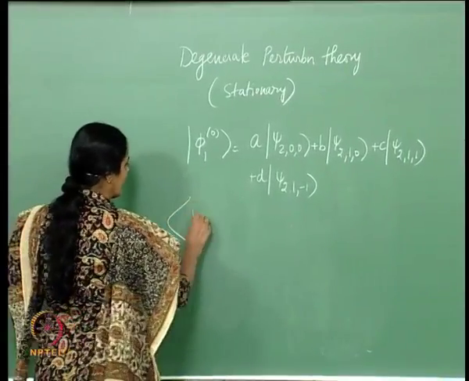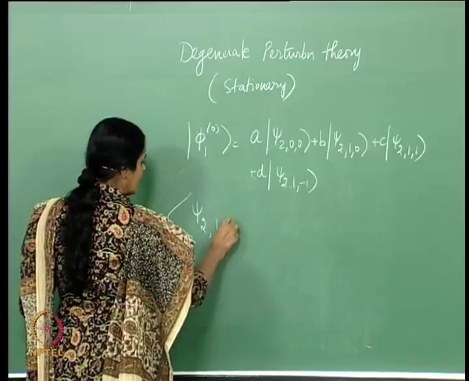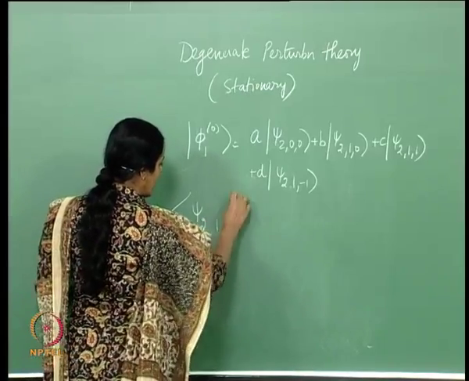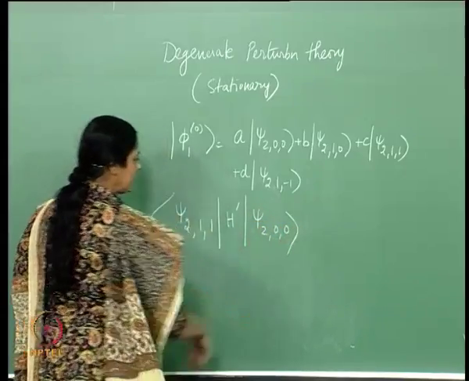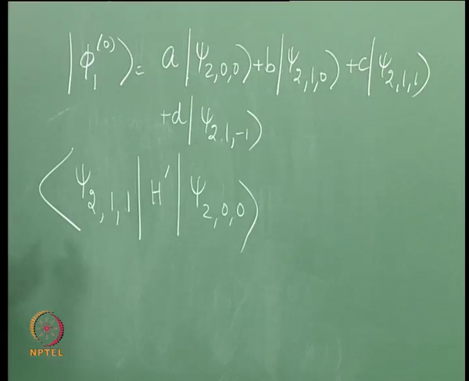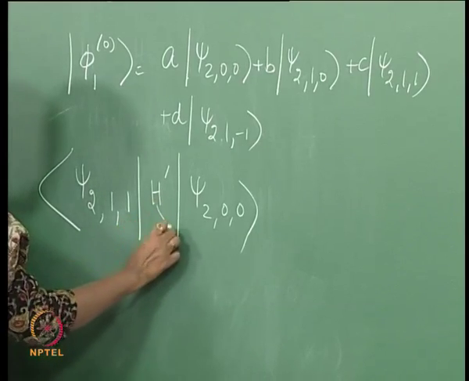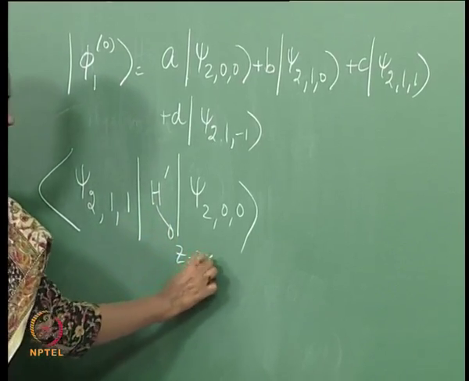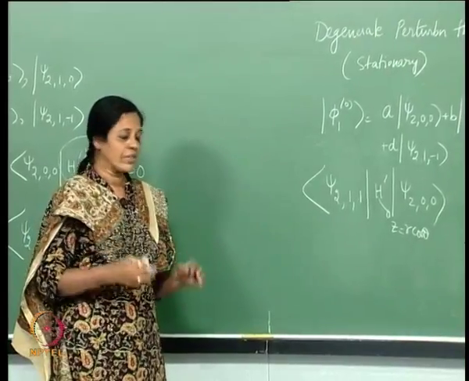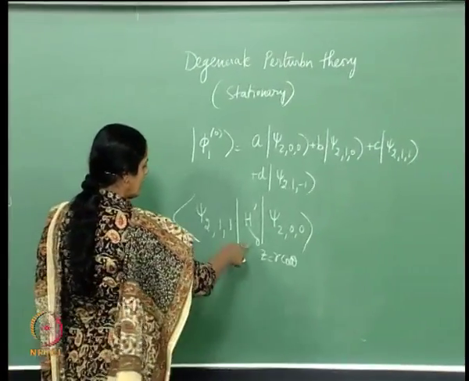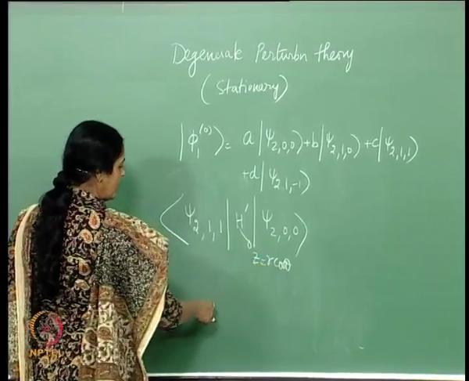But consider a thing like this: ψ211 H' ψ200. This contribution is 0, because if you look at the angular integration, H' has a z in it, which is r cos θ. Apart from the magnitude of the electric field, the electric charge, and so on, it has a z, which is r cos θ.